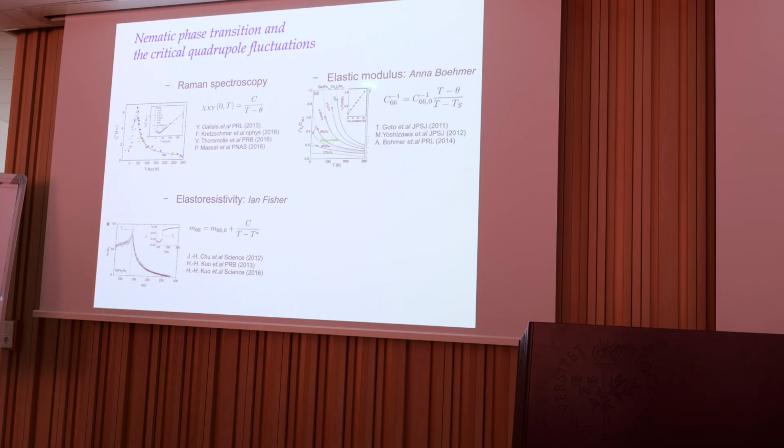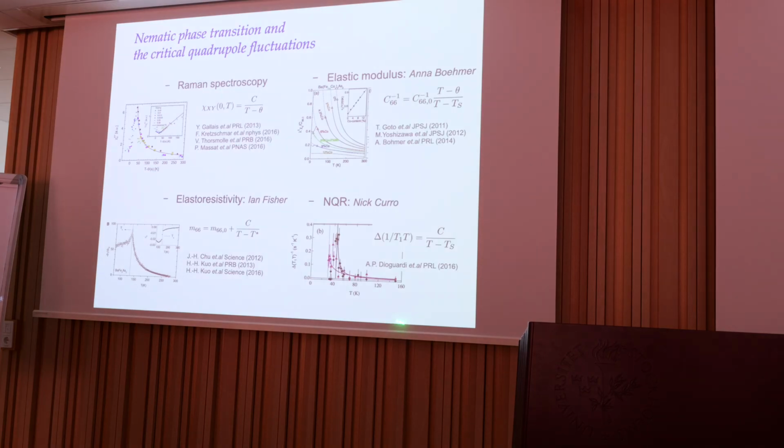The third approach is elastic modulus, pioneered in Karlsruhe already 10 years ago or more. And the fourth is NQR measurement, where you couple to nuclei and then measure the NQR relaxation time. And all 4 give more or less consistent results, as you can see.